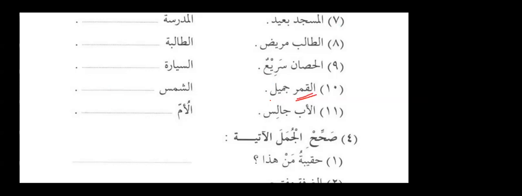Al-Qamar is the moon, while Ash-Shamsu is the sun. So Al-Qamaru Jamilun: the moon is beautiful. Ash-Shamsu Jamilatun: the sun is beautiful. It's still the same Jamilun that we have put here, just added a ta because Shams is feminine.